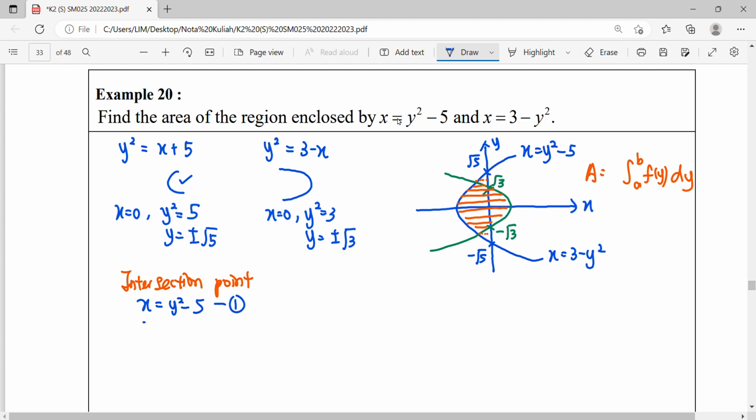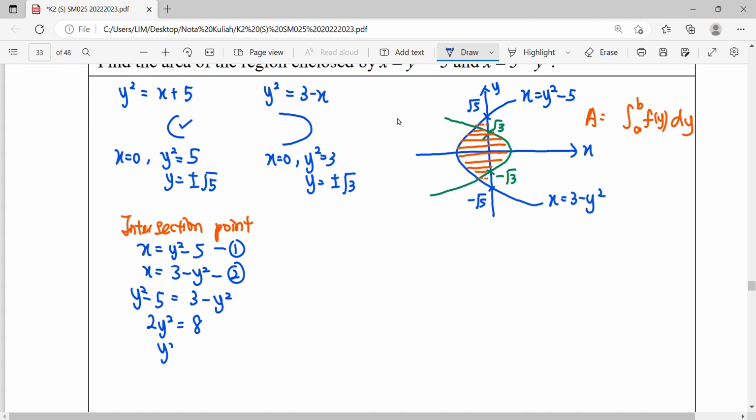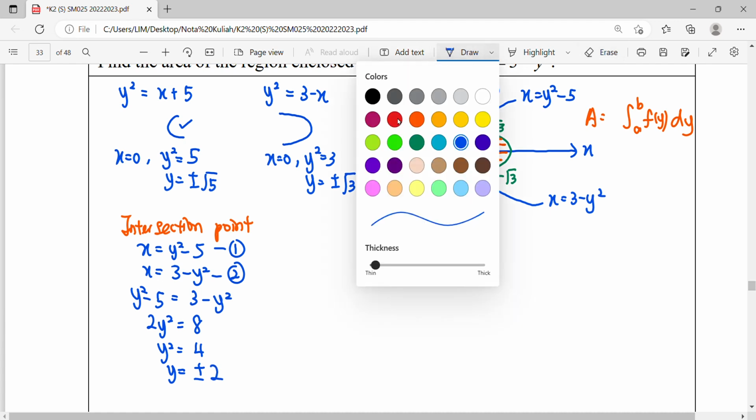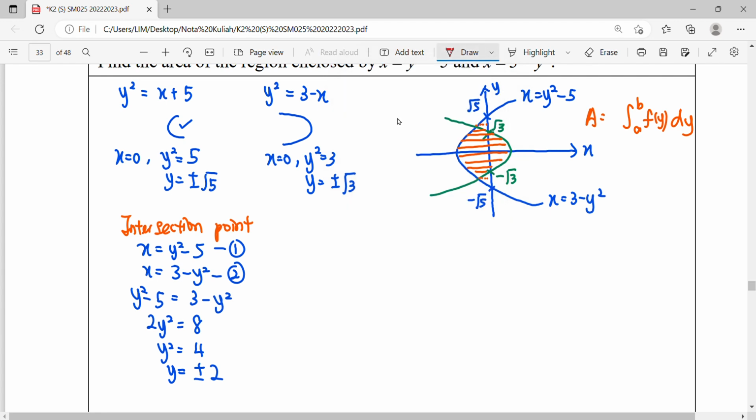The first curve equals the second curve, then we substitute and simplify it. We can notice that y will be plus or minus square root 4, which equals 2. So now we have managed to find the lower limit, which is negative 2, and the upper limit, positive 2.